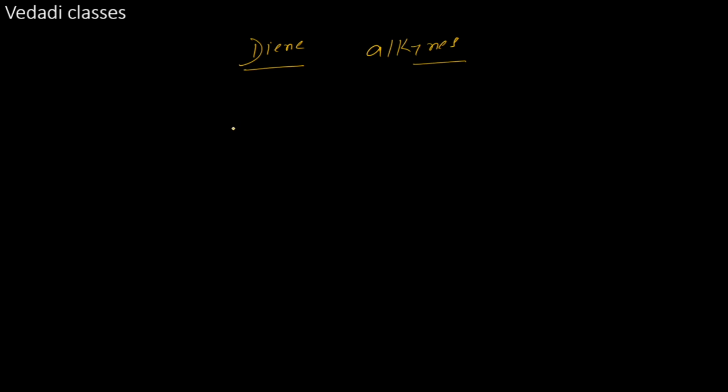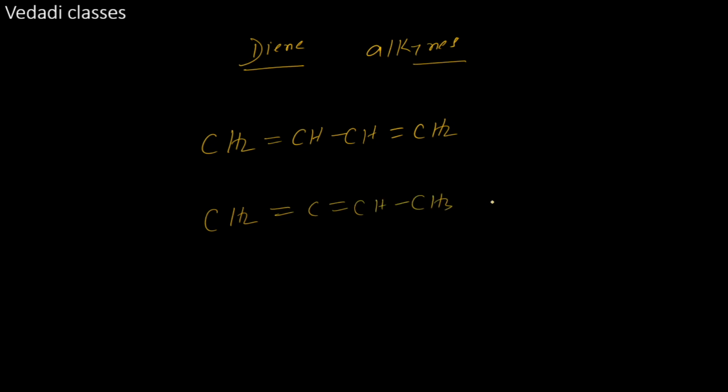I'll give some example like CH2 double bond CH double bond CH2. So there are 2 double bonds, but not consecutive. If it becomes consecutive, just like this, CH3, then it is known as allenes. So this is known as the allene.